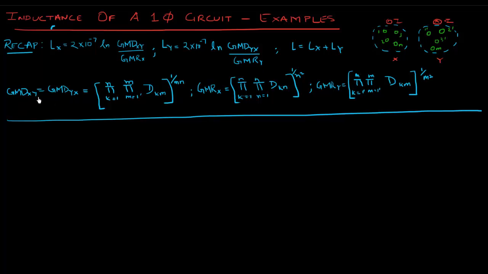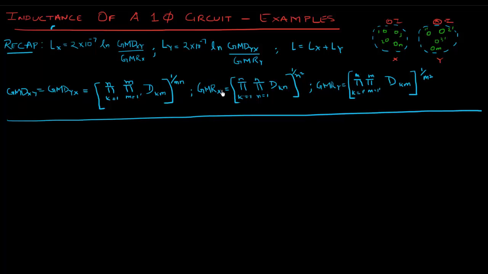We saw that pi is a function similar to sigma that defines product. So it's nothing but the product of all the distances from the strands in conductor X to the strands in conductor Y.